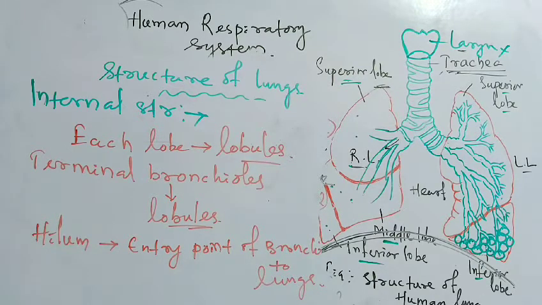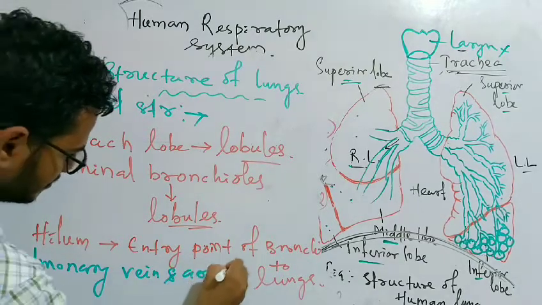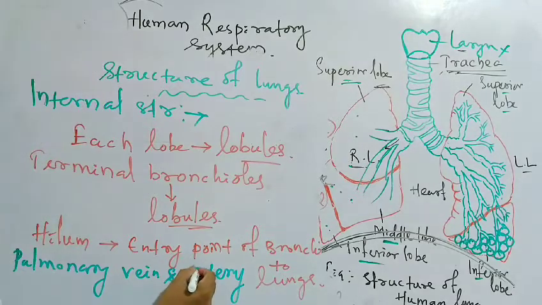hilus or hilum. And not only do the bronchi enter the lungs, but also the pulmonary vein and artery also enter the lung, and the nerve supply is also there for the sensation. The vagus nerve enters.